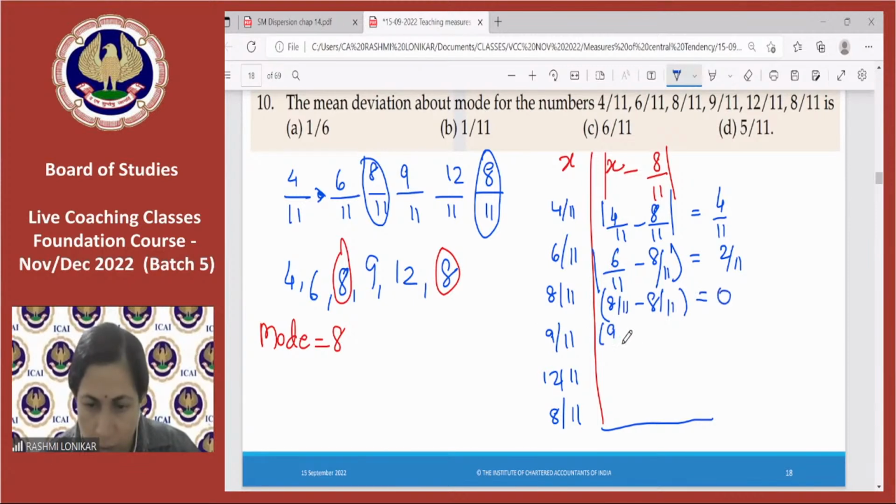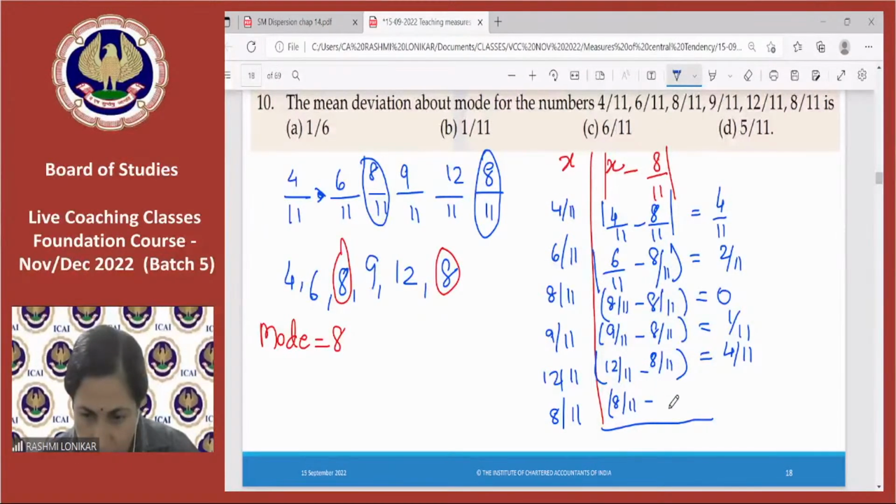Then 9 upon 11 minus 8 upon 11 gives me 1 upon 11. 12 upon 11 minus 8 upon 11 gives me 4 upon 11. 8 upon 11 minus 8 upon 11 gives me 0.